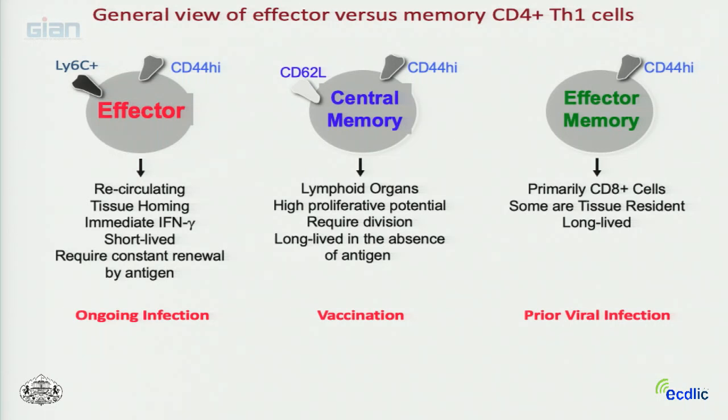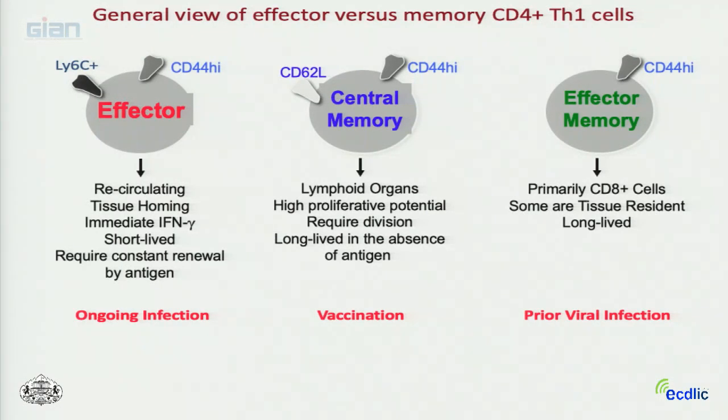When they're CD44 high, it means they're an antigen-experienced cell. That distinguishes them from a naive T lymphocyte. So both central memory and effector cells are antigen-experienced. They both are CD44 high. So that's a beautiful marker to distinguish them from naive cells that are coming out of the thymus and have not yet encountered antigen at all.